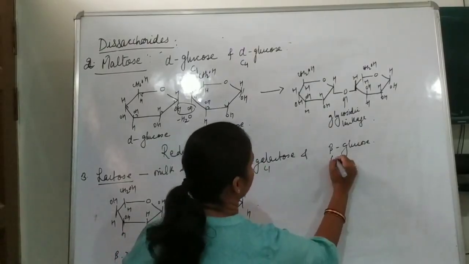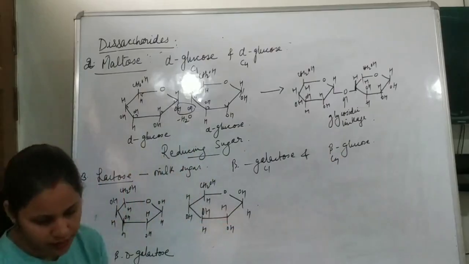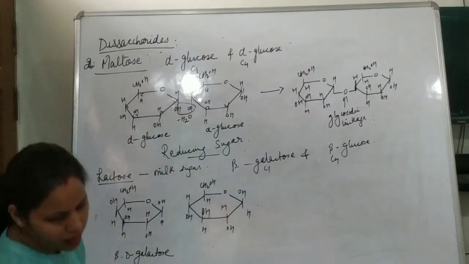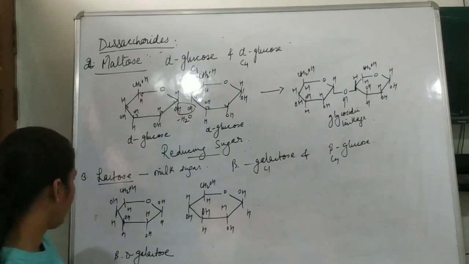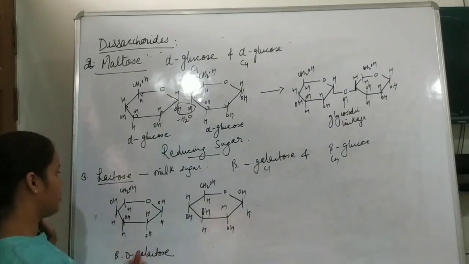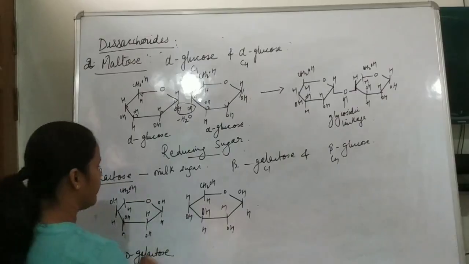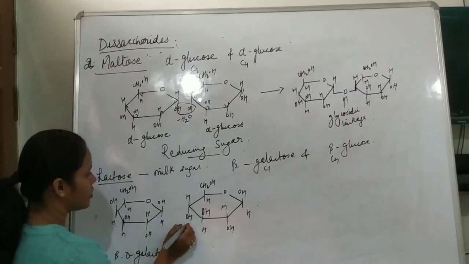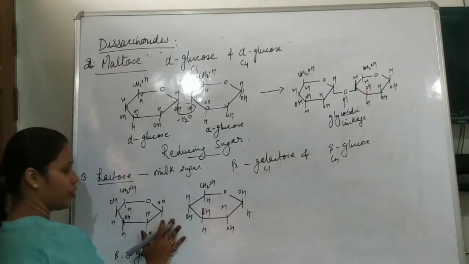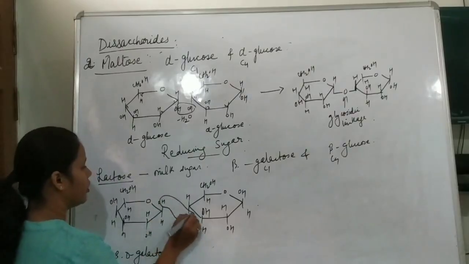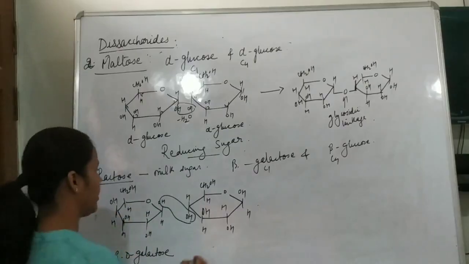Beta galactose and beta glucose. Right. Okay. So here we can see again how we will write the linkage. Everything is right. Here you can see a removal of a water molecule to form a glycosidic linkage.